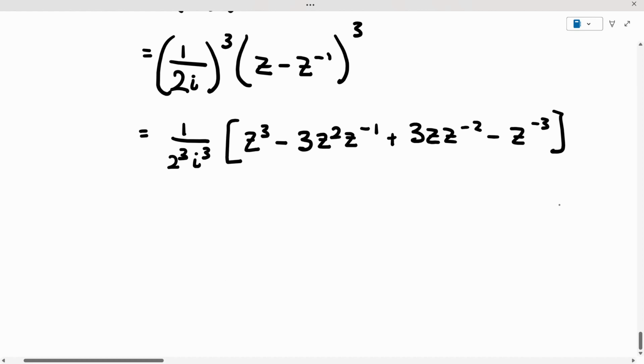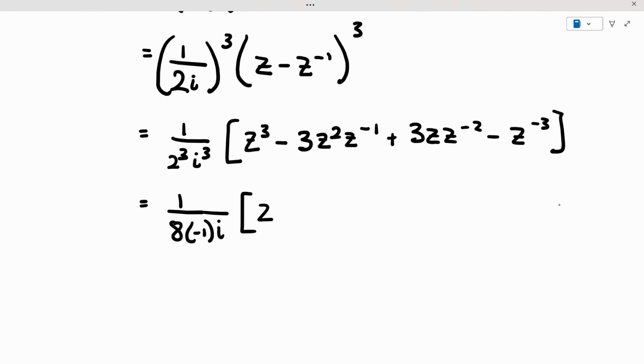From here, 2 cubed is 8. i cubed is minus 1, because that's i squared times i. Right? And we can start grouping over here. z cubed minus 3, and z squared divided by z is just z, plus 3z divided by z squared is z to the minus 1, minus z to the minus 3.